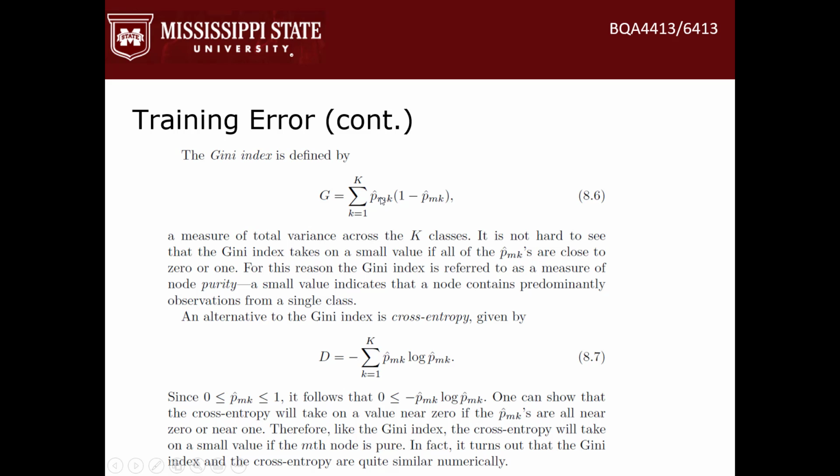If they're around 0.5, then this is going to be high. And it's the same thing with cross entropy. If the class probabilities are nearly 0 or 1, then we have an entropy near 0, which is what we're looking for. But again, we can get this lower and lower, and eventually we overfit.